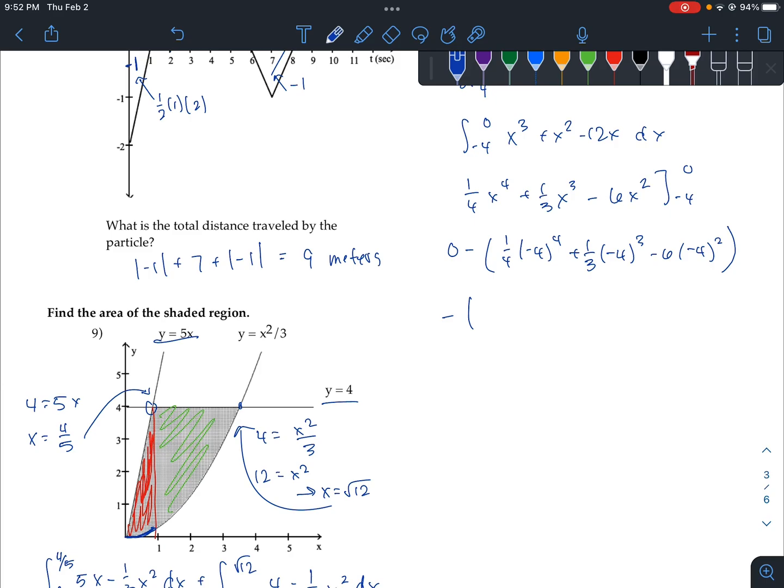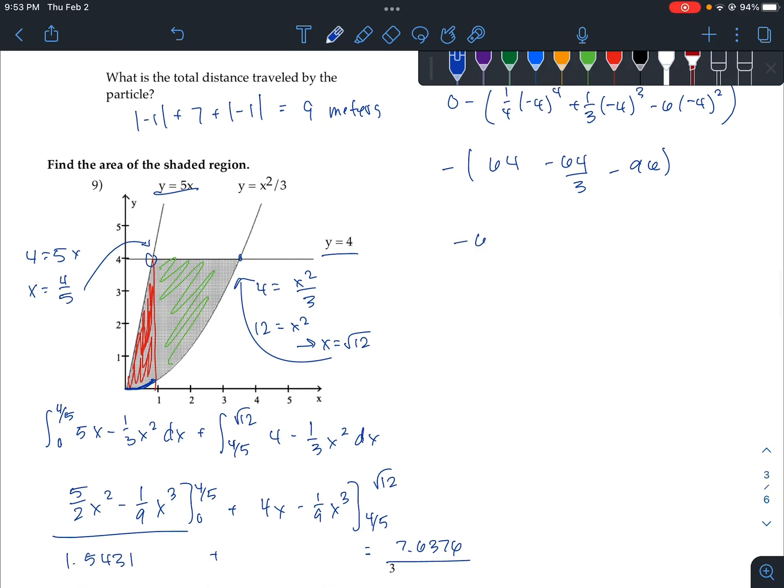So I have minus, that's going to be positive, and then dividing by 4, that's going to be 64, and then -64 divided by 3, so minus 64 divided by 3, and then 4 squared is 16, 16 times 6 is 96, so minus 96. So then I have minus 64 plus 64 over 3 plus 96.